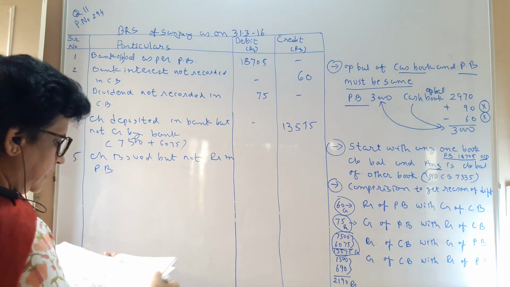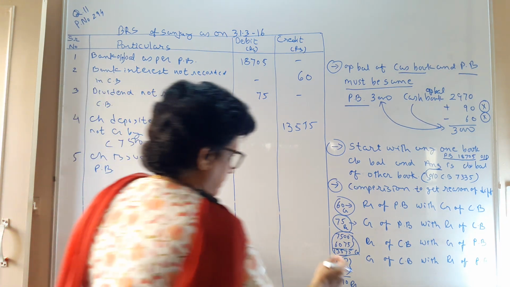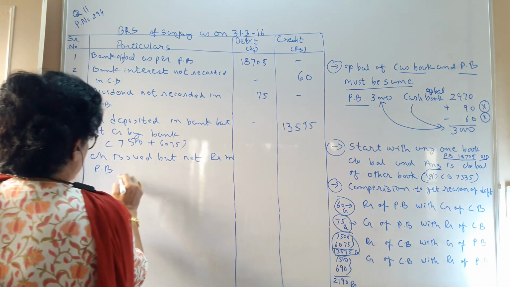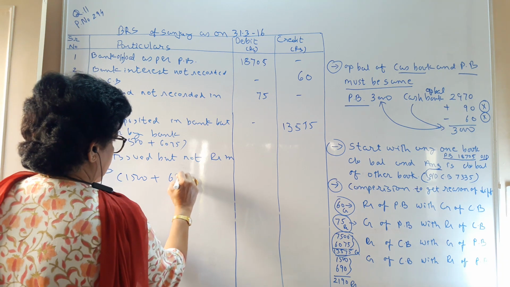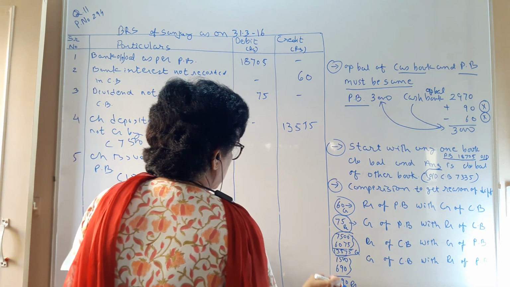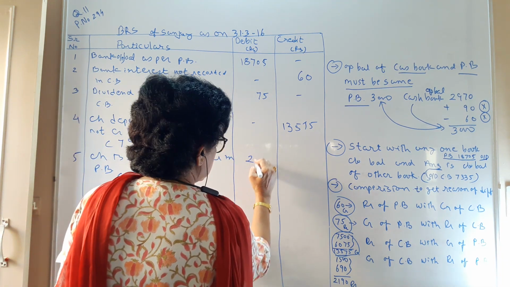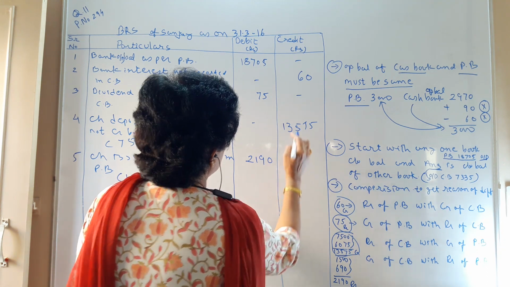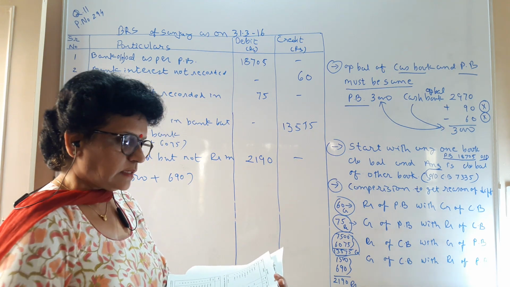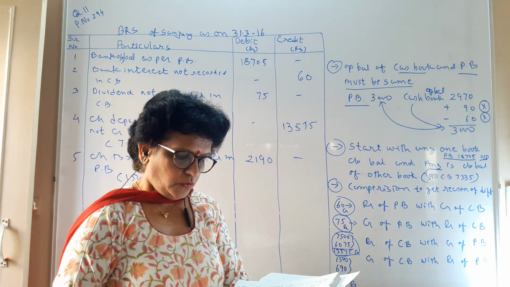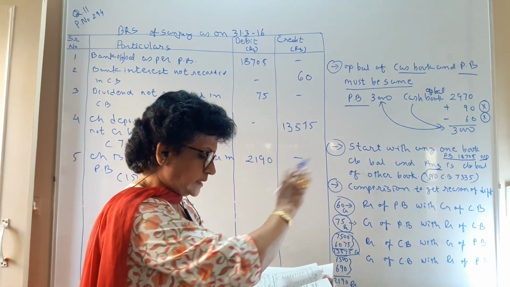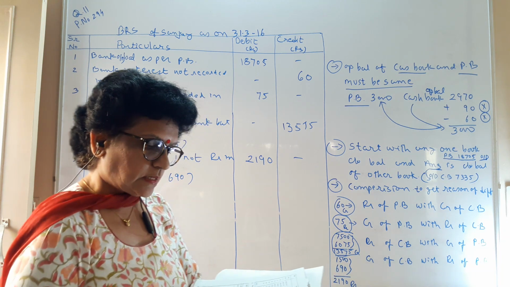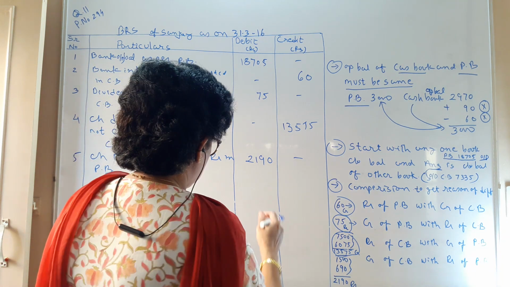We have credited but these checks are not debited. 2 checks are there, one of 1500 and one is of 690. So total amount which you have to debit is 2190. So with all this type of comparison, you will get your total, means your reasons. Now let us find the difference.